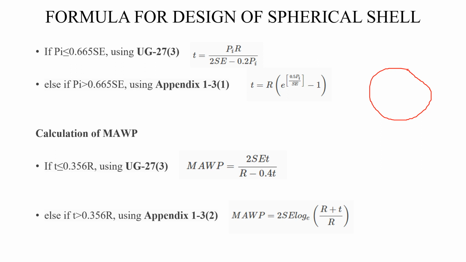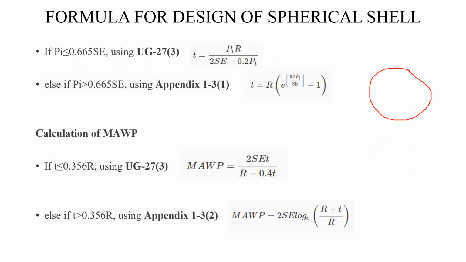So for a spherical shell, the formula is, if your internal pressure is less than or equal to 0.665 times SE, in that case you use the formula UG-27.3. t is equal to Pi R divided by 2SE minus 0.2 Pi. Okay, R is the internal radius.